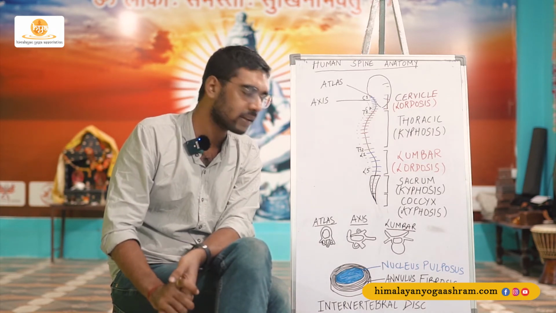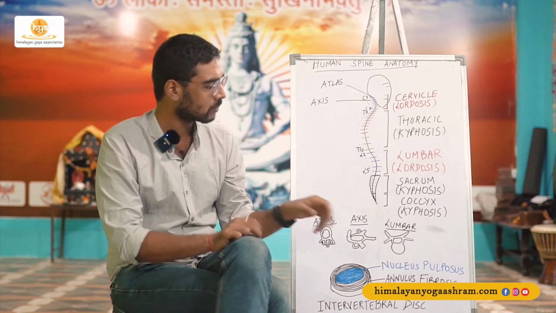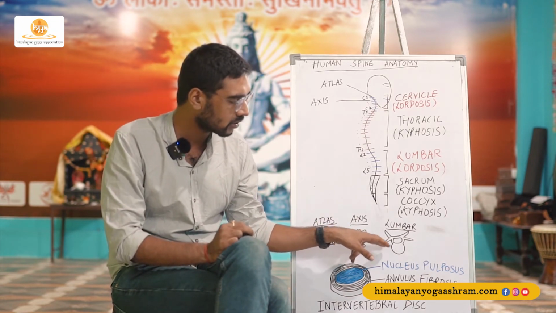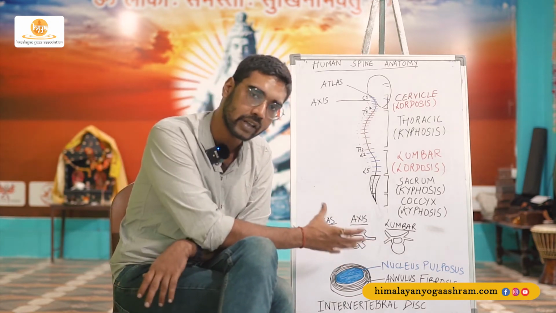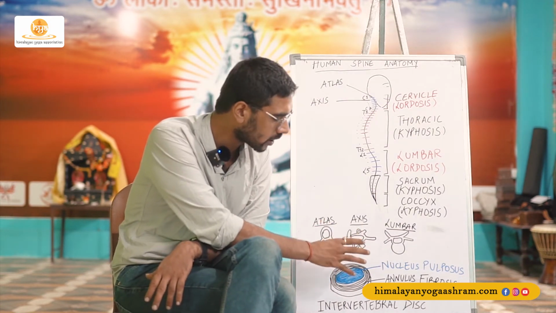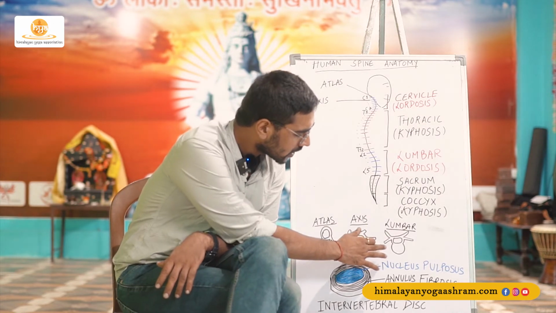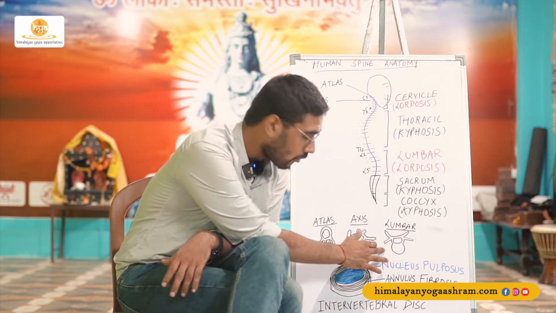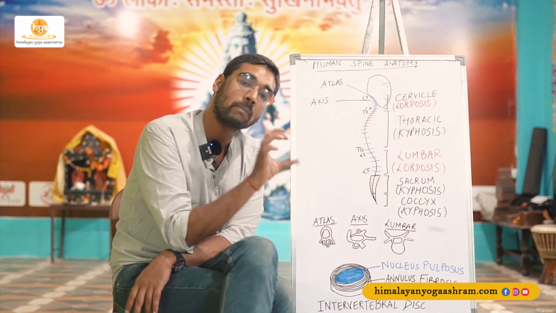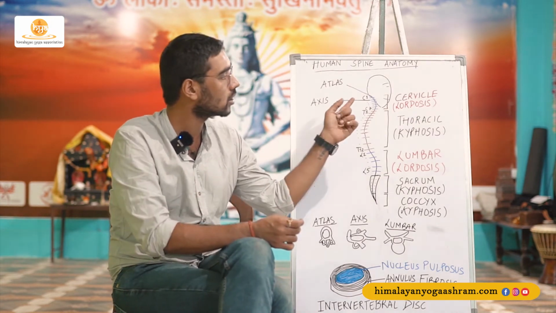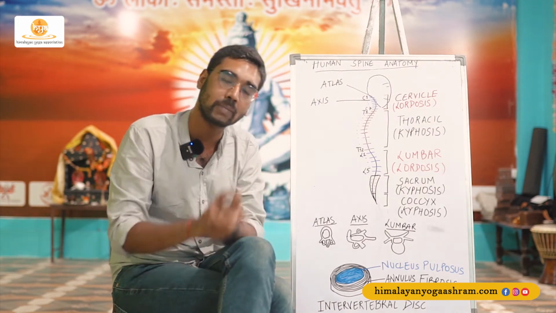Another important thing that you need to understand about the lumbar spine, if you pay attention over here, this is not exactly what the lumbar spine looks like, but it's quite close. It's not that bad at drawing as well. You'll see that the vertebral body of the lumbar spine is comparatively bigger than the cervical or the thoracic part of the spine.